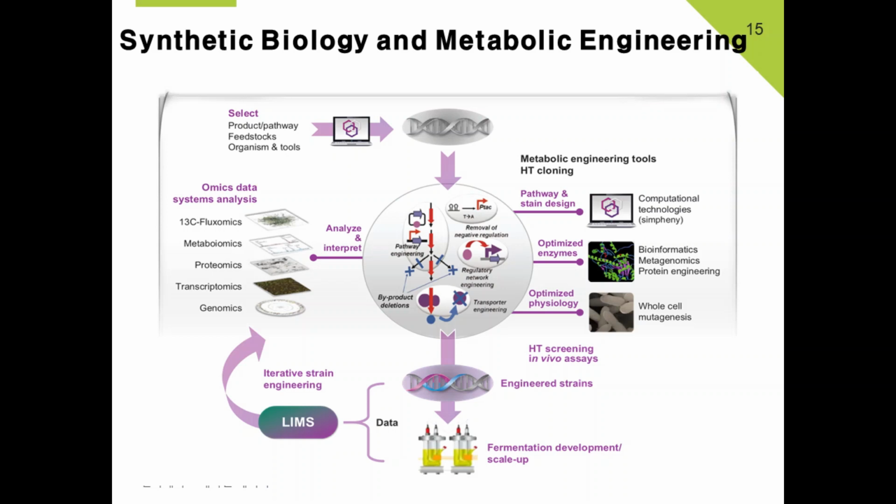After you have that data from the HPLC, you can further engineer the strain by studying the omics data or the system analysis data that you have. These are general data that you would collect after repeatedly developing mutant or engineered strains.